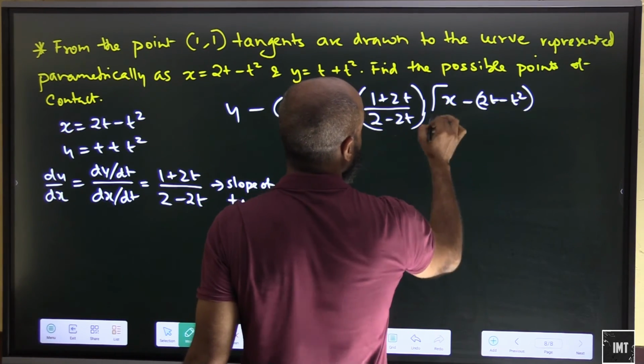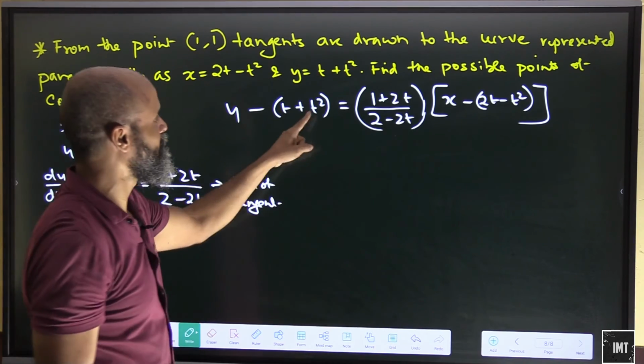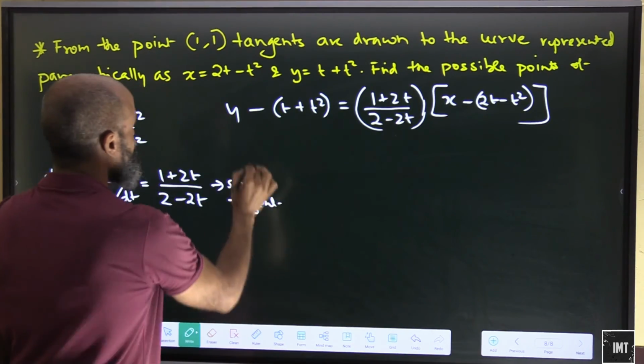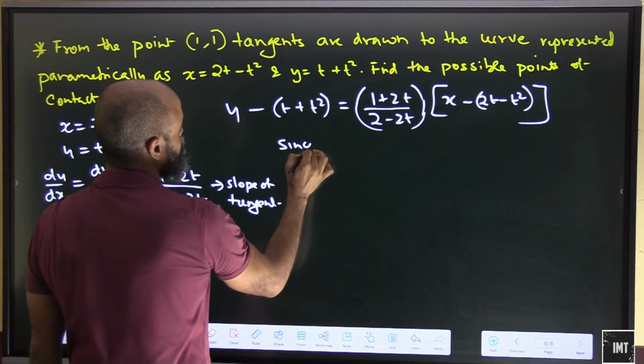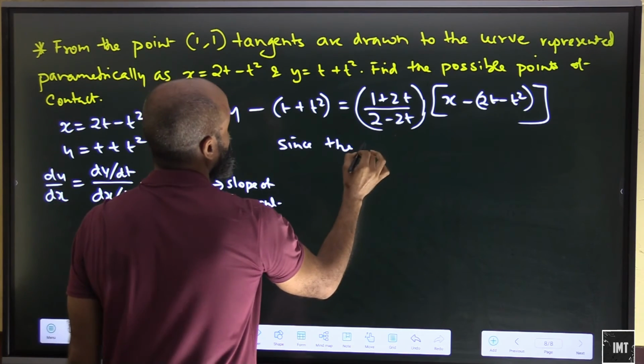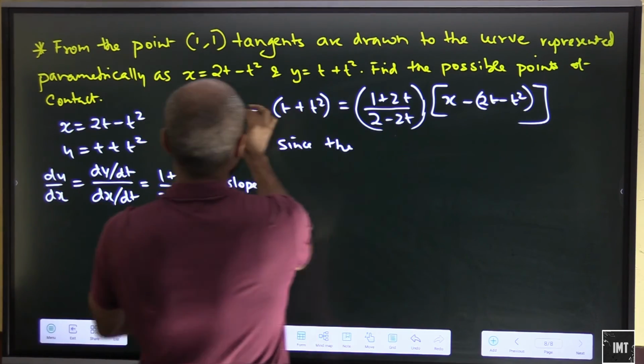Y minus y1 is equal to m into x minus x1. So this will basically be the equation of the tangent.